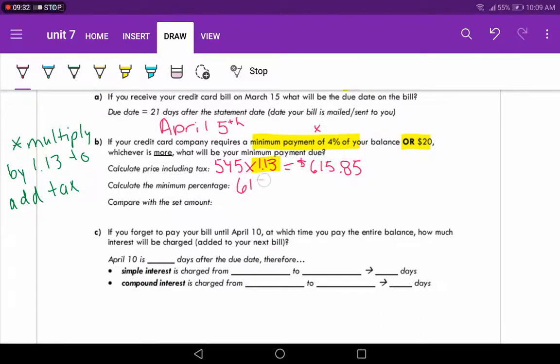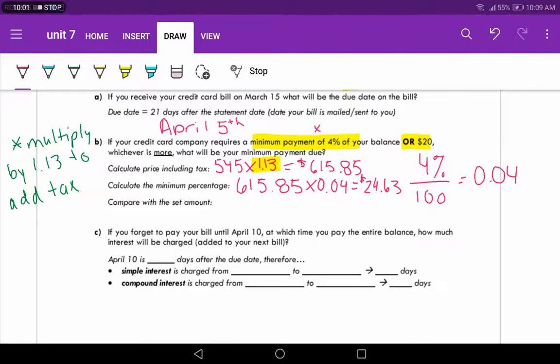So we take our total with tax and we multiply it by 4% as a decimal. So again, just like that unit before, we need to divide that by 100 to get our decimal. So times 0.04, and that gives us $24.63.